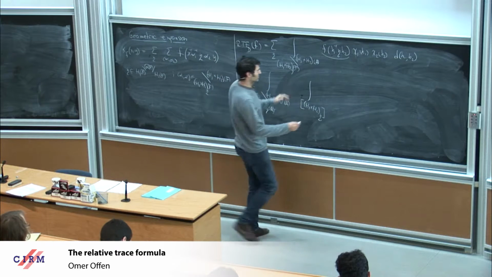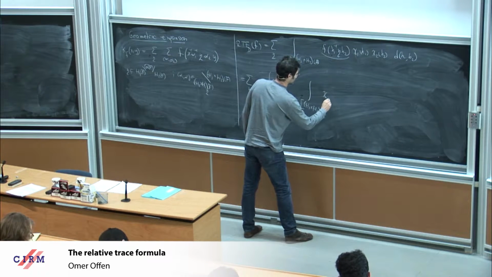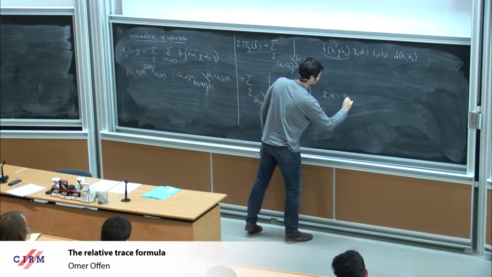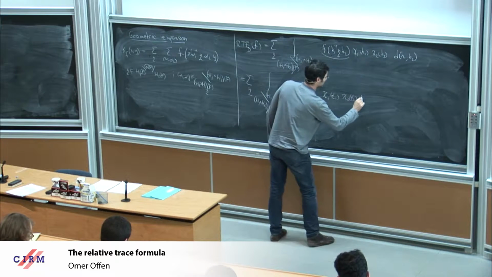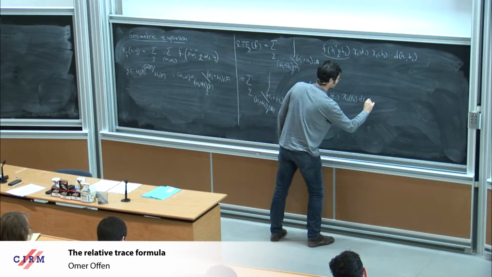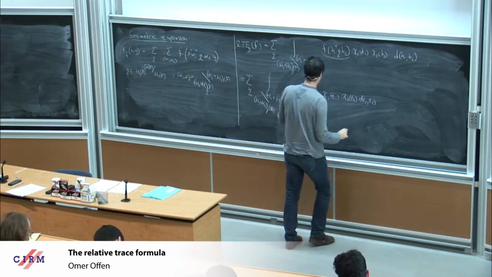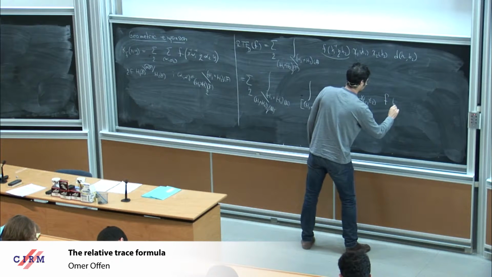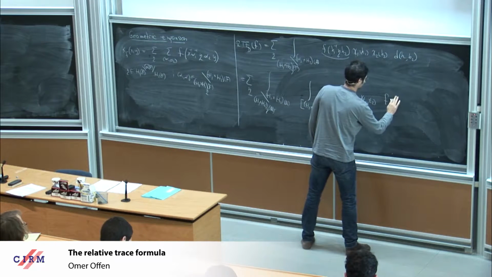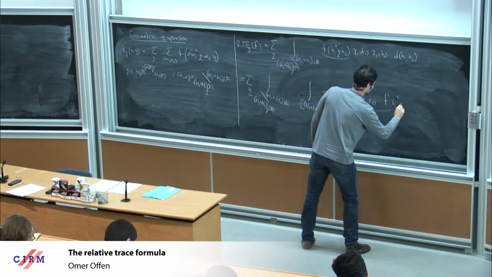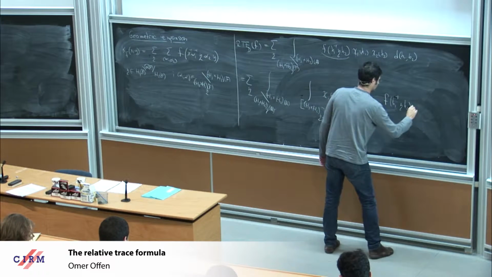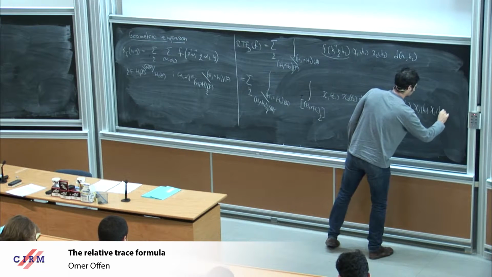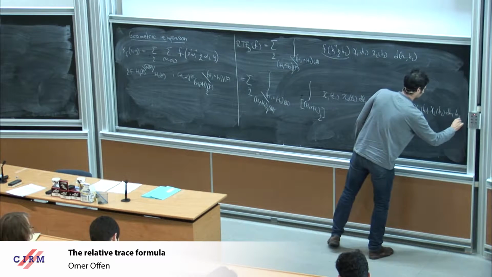So this integral really becomes an integral over the characters, chi1 t1, chi2 of t2, dt1 t2, and then we have an outside integral f of h1 inverse eta h2, chi1 of h1, chi2 of h2, dh1 h2.